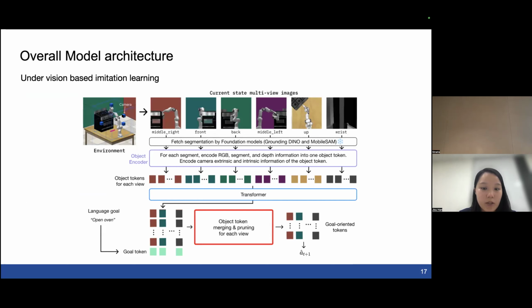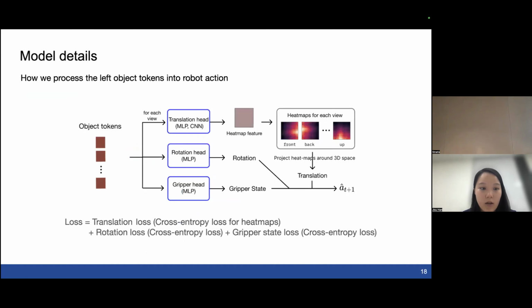After the object encoder, we use the object token merging and pruning for each view. And when the object tokens are reduced, we pass them through the translation head, rotation head, and gripper head, and finally conclude the next action token for the robot, which would consist of translation, rotation, and gripper state.